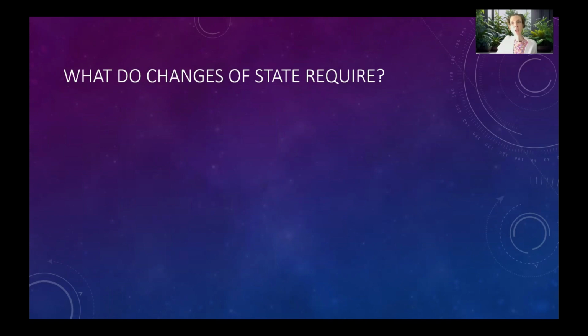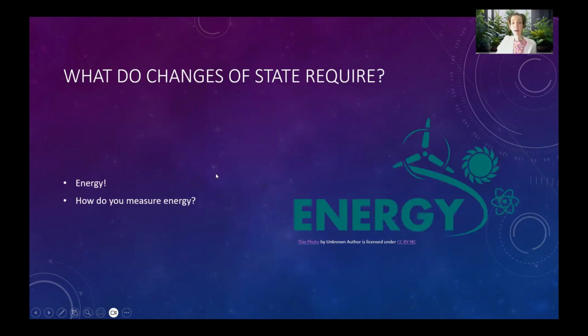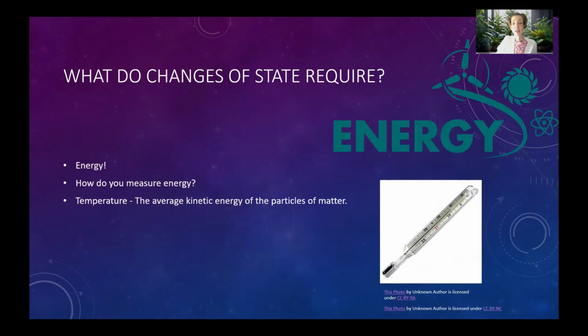Now, what do changes of state require? They require energy. And how do you measure energy? Does anyone know? You measure energy using temperature. The definition of temperature is the average kinetic energy of the particles of matter. So what is kinetic energy versus potential energy?